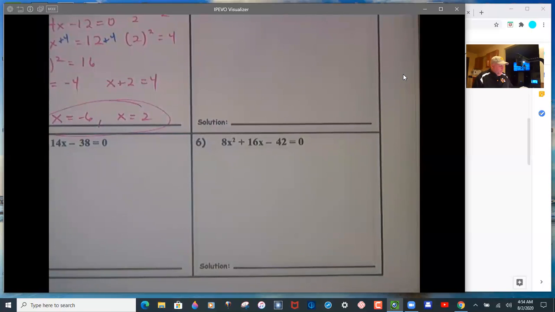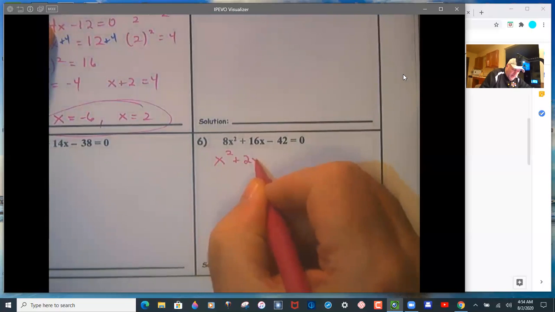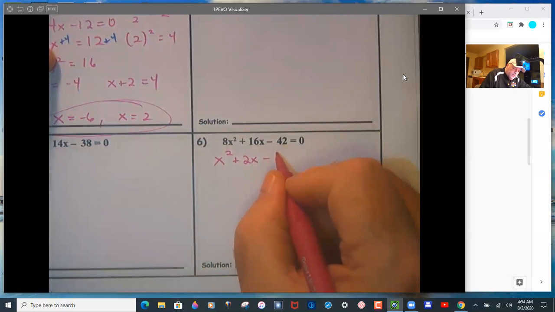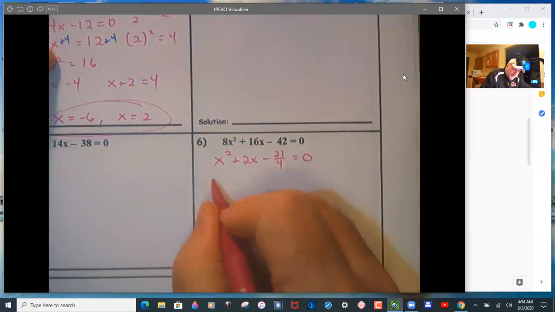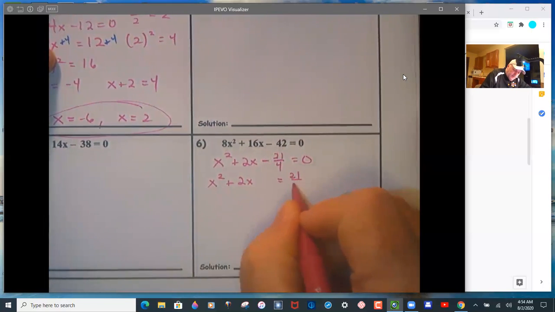Okay, divide through by 8 everywhere. Step 1, x squared plus 2x. And then 42 over 8 is 21 over 4. Awkward number, but that happens. And then add it to both sides.